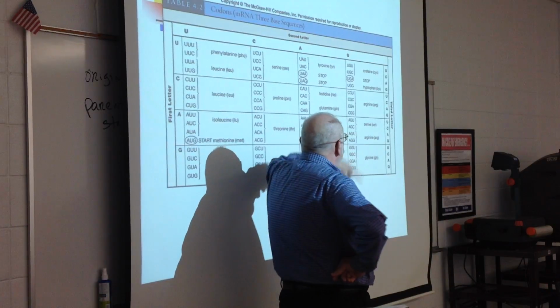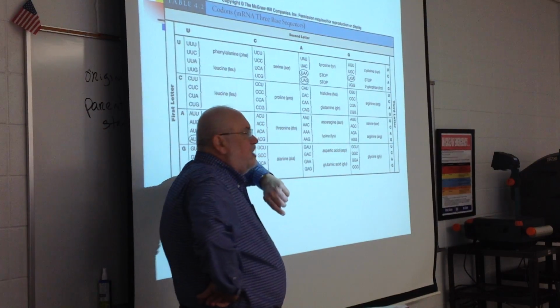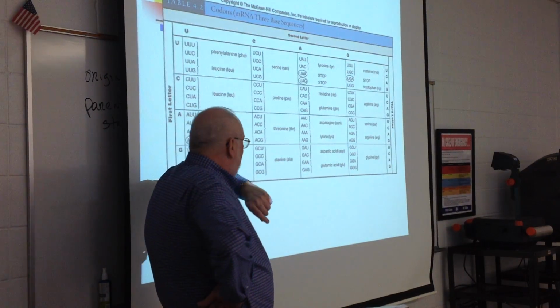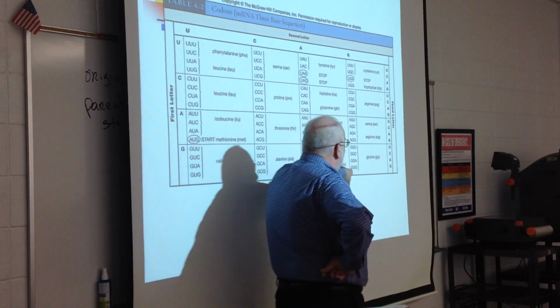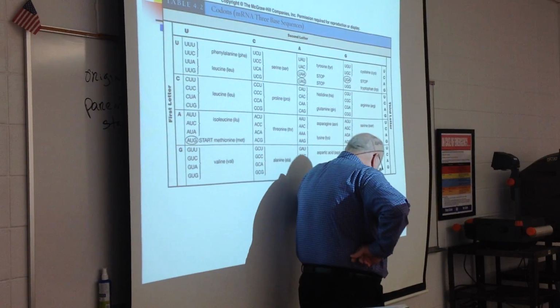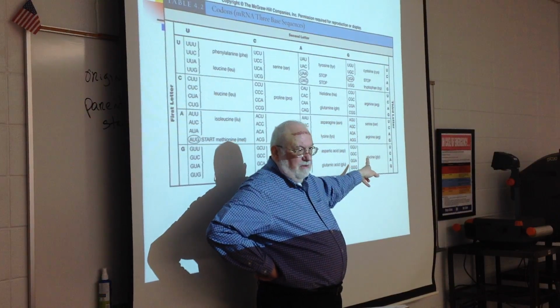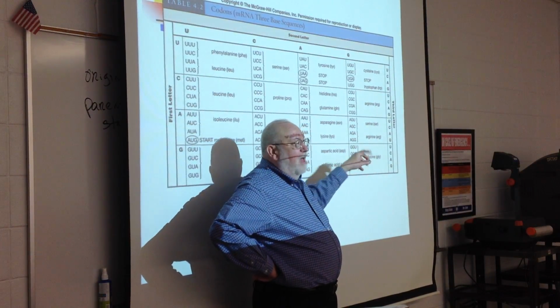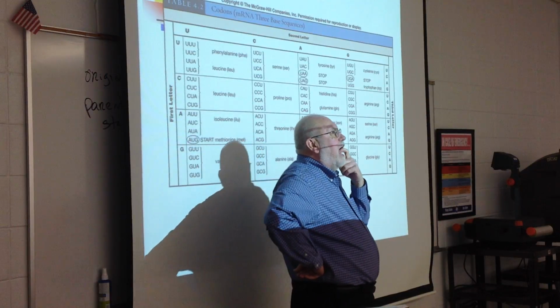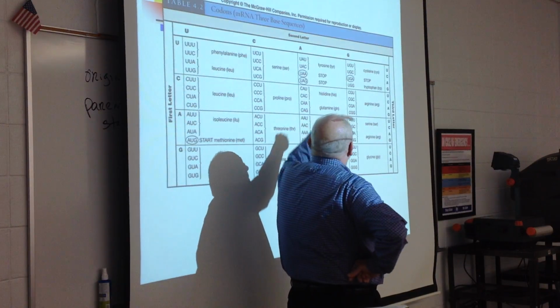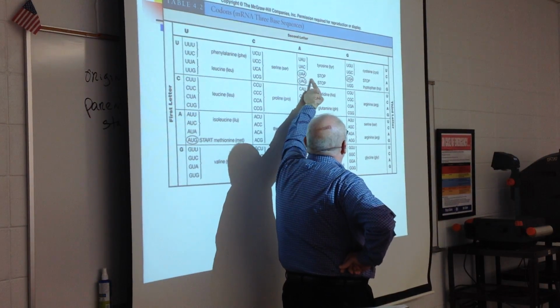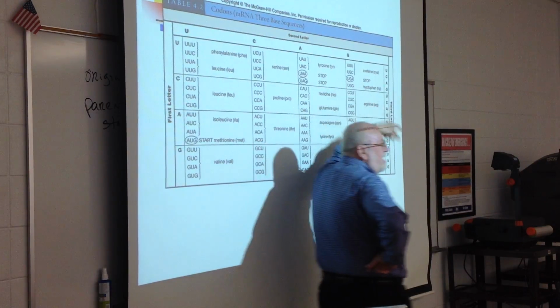Suppose we have GGG. Here it is, and that would specify the amino acid glycine. Now, what if you come up with UAA? Well, UAA is right there. Look what's written beside it.